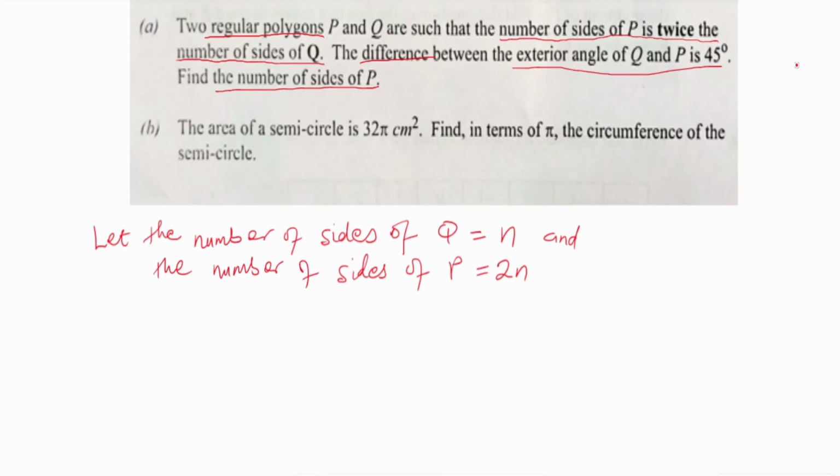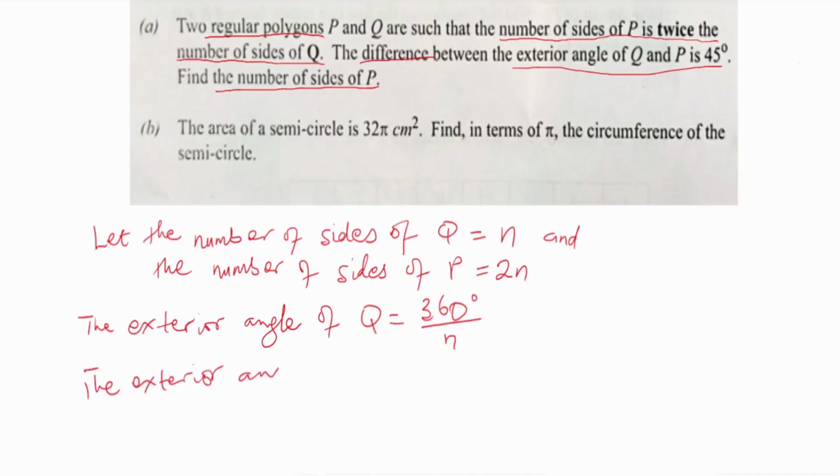The exterior angle of Q will be equal to 360 degrees divided by the number of sides of Q, which is n. And then that of P will be 360 degrees divided by the number of sides of P, which is 2n. This can be simplified as the 2 divides the 360 as 180 degrees over n.